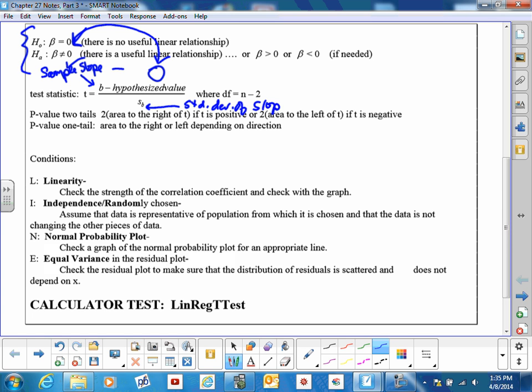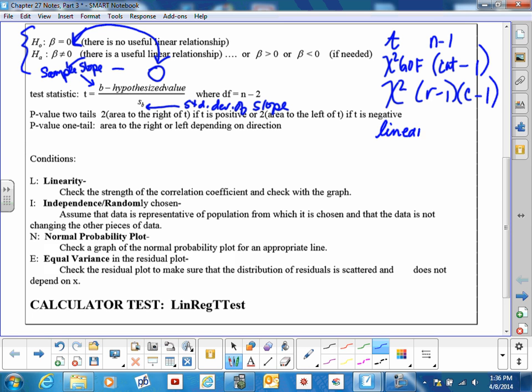Okay? Now, another type of degrees of freedom. We have 3 so far. This is the last and final one. We know that on all t-tests, our degrees of freedom are n minus 1. When we did a chi-squared goodness of fit, our degrees of freedom were categories minus 1. When we did a regular chi-squared, it was rows minus 1 times columns minus 1. And this final one for a linear regression is n minus 2.